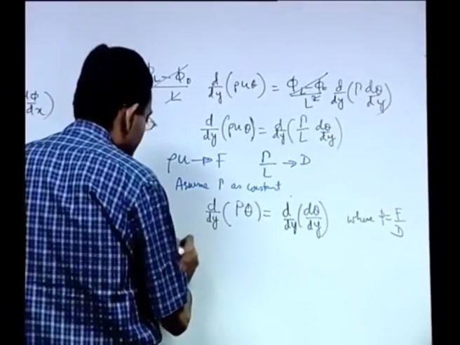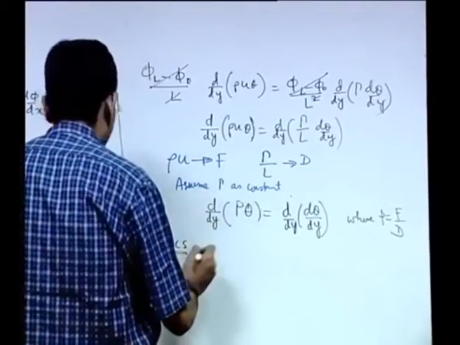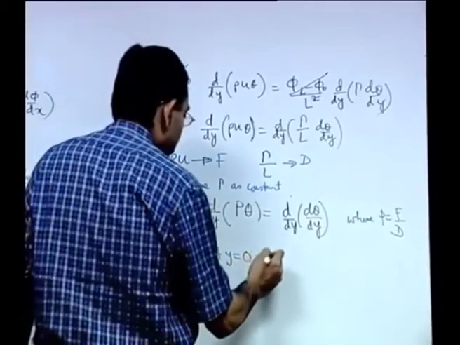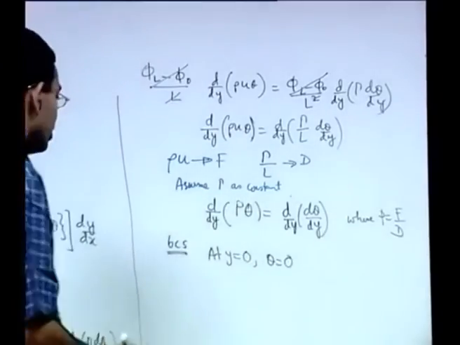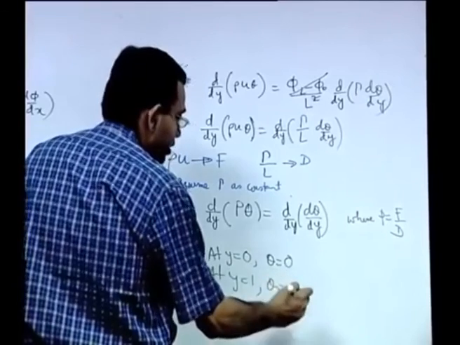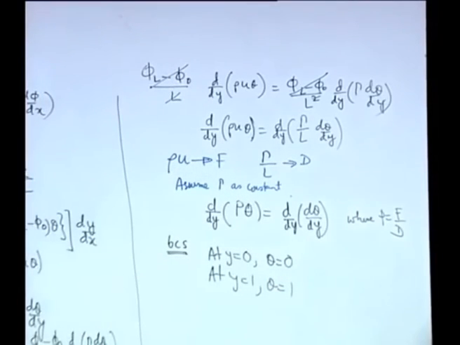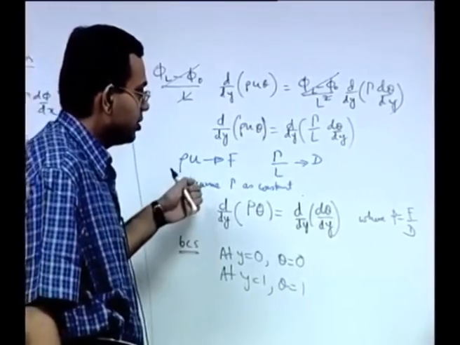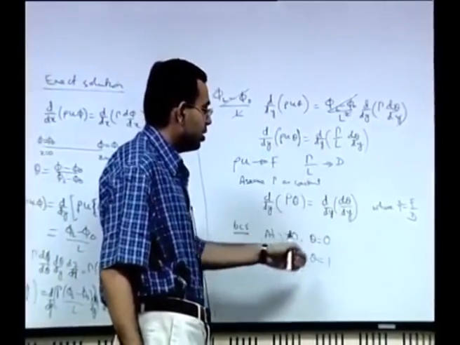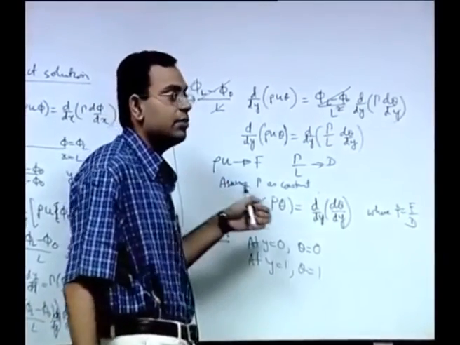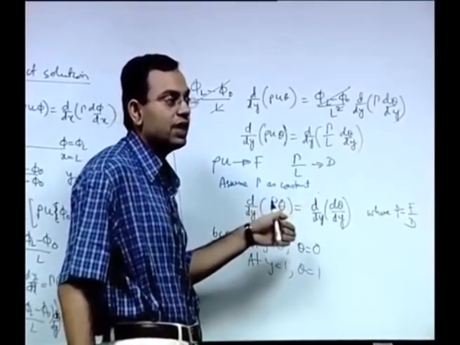And what are the boundary conditions? At y equal to 0 you have theta equal to 0 because phi is phi 0, and at y equal to 1 theta equal to 1 because phi is phi L. So, we will leave this problem definition up to here, and in the next class we will try to obtain a solution of this one, and from that we will see whether this solution can be used as a profile assumption.